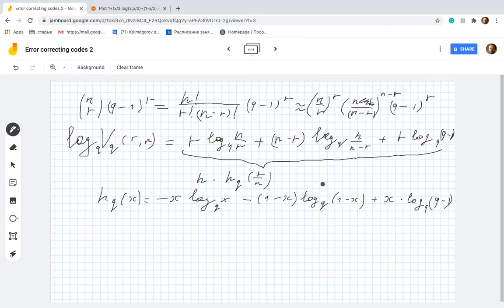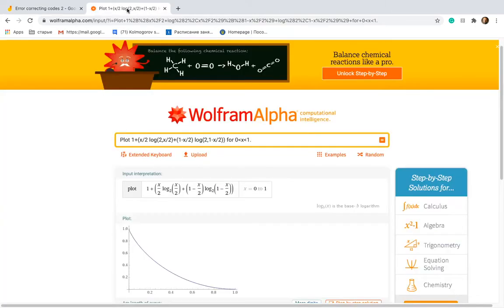So let's see using Wolfram Alpha how the Shannon function looks in the general case. Assume, say, that we want to plot the Shannon function for the three-letter alphabet. Then we just need to replace 2 by 3 here, and we will have this expression.